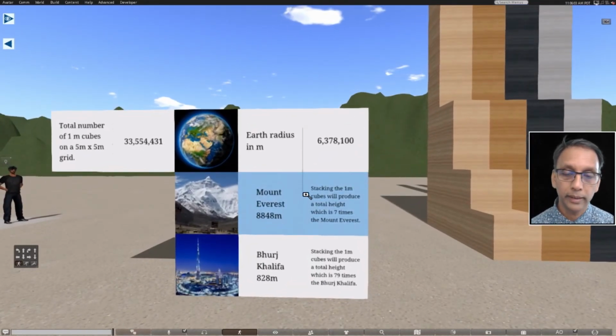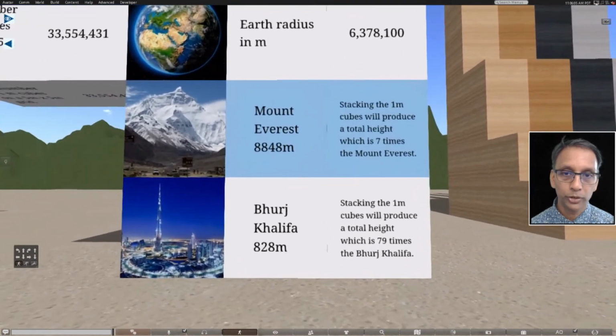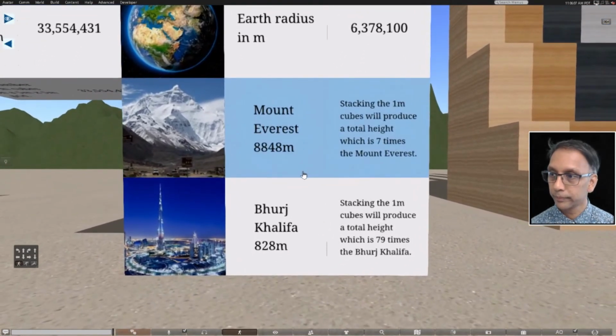Okay, so now you see that the Burj Khalifa is 828 meters.